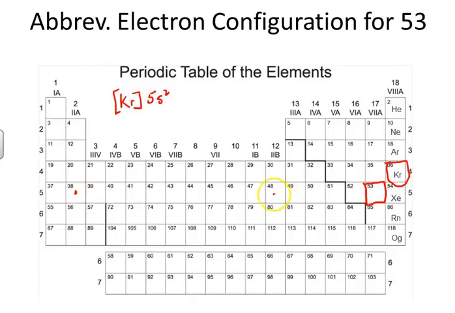Straight across to the next boundary, 5 minus 1 is 4d10. Then we're in the fifth period, P block, 1, 2, 3, 4, 5. 5 elements. Krypton, 5s2, 4d10, 5p5.